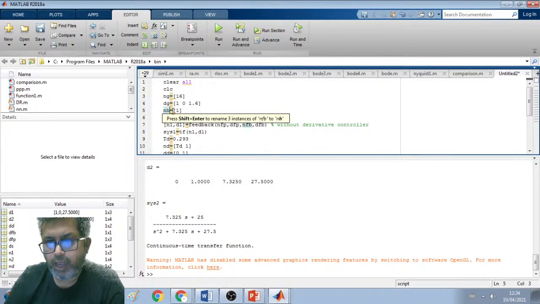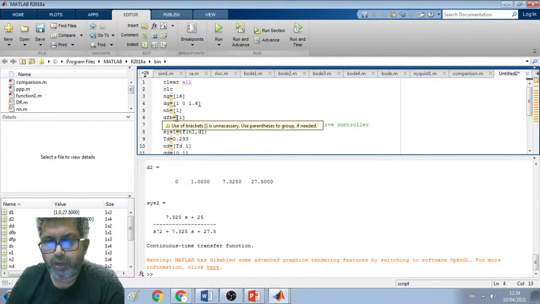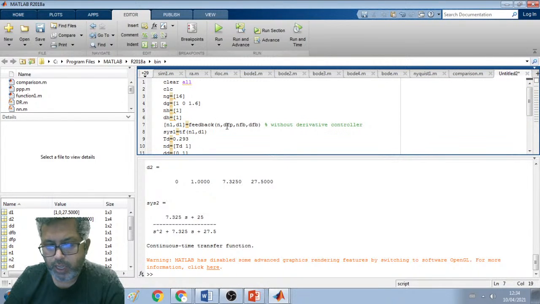Here nh equal to 1, dh is equal to 1. So I will say ng, dg, nh, dh.